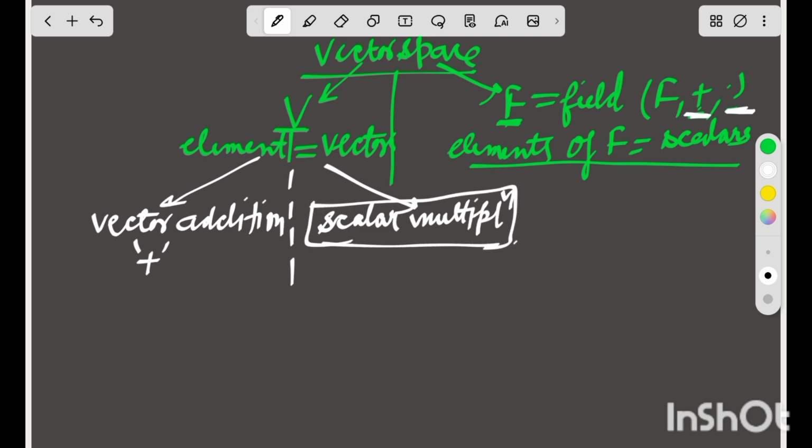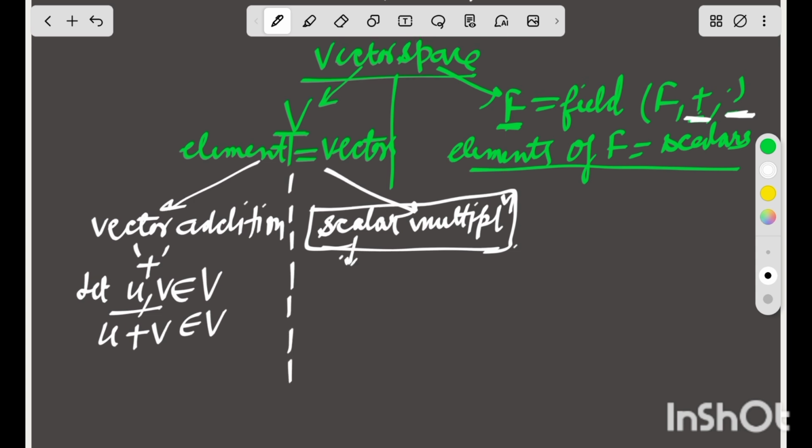So how do we define the vector addition? Let u and v be any two elements from the set V. Then if we operate them, their resultant should be in V. How is the scalar multiplication defined?